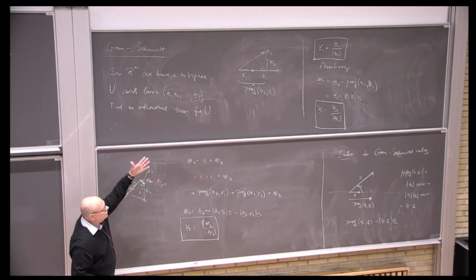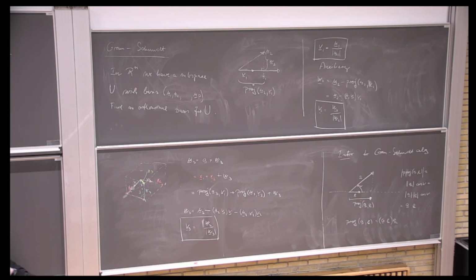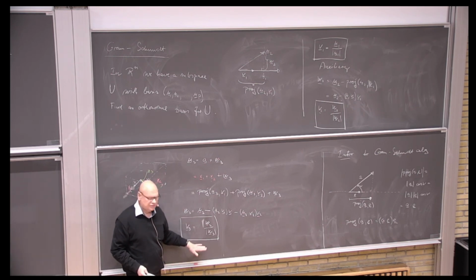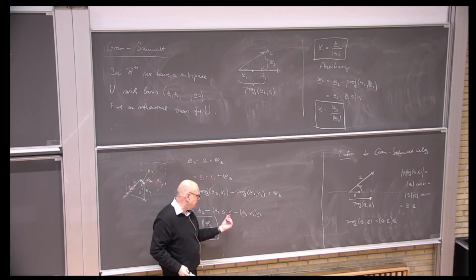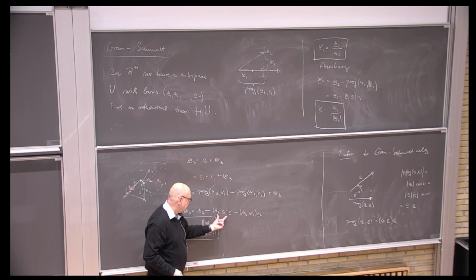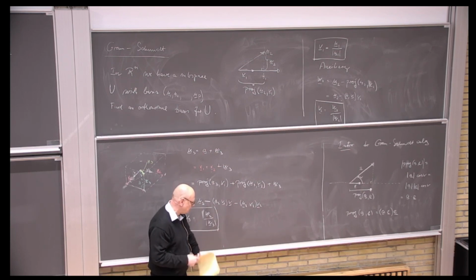So now you have the first three unit vectors, or orthonormal vectors, in your setting. And you continue this process. The vectors you have to subtract from the new vector become more and more numerous.